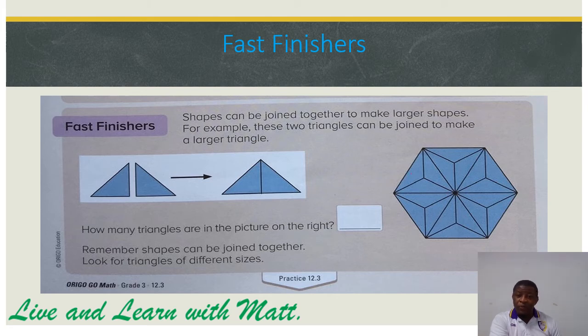So we have 1, 2, 3, 4, 5, 6, 7, 8, 9, 10, 11, 12, 13, 14, 15, 16, 17, 18. Now let's look for bigger triangles. This is 19, 20, 21, 22, 23, 24.